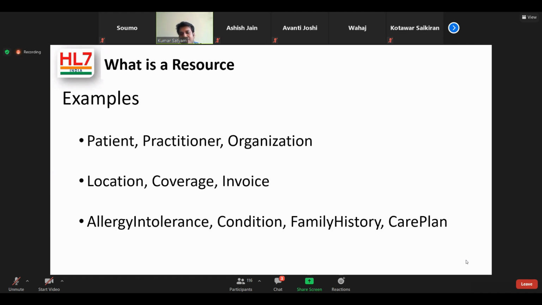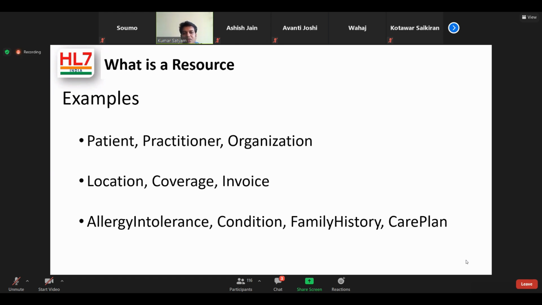And if you add more specifics, the FHIR resources are identified on the FHIR server by the type, and the instances are available on the server after the type as an ID. So if you want to access patient with an ID 1, you will use the base server /patient/1, and that's the addressable identifier of the resource.